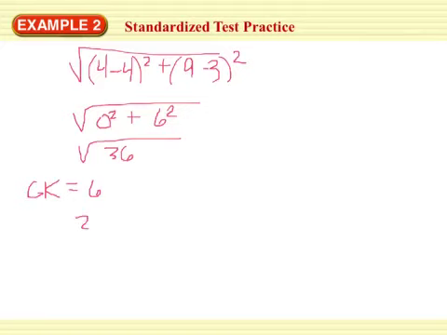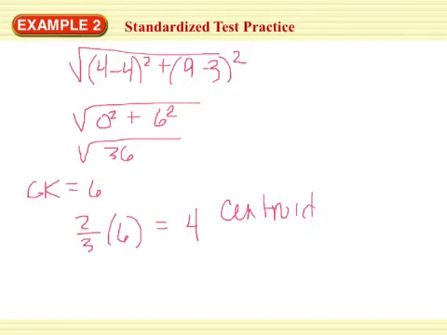So 2/3 of 6. 2 times 6 is 12, divided by 3 is 4. Okay, so the centroid is 4 units down on GK.